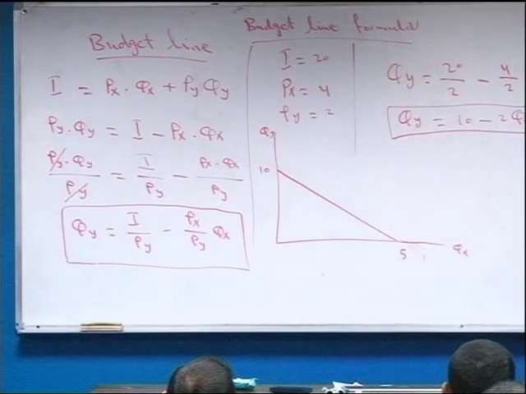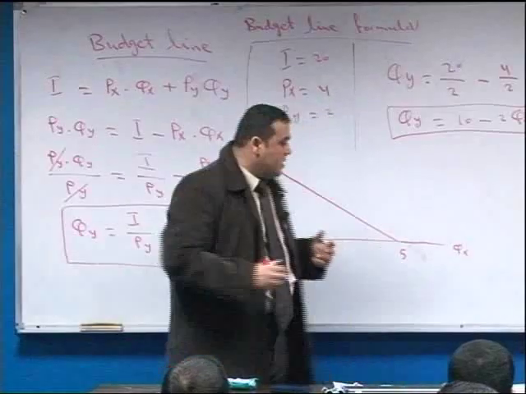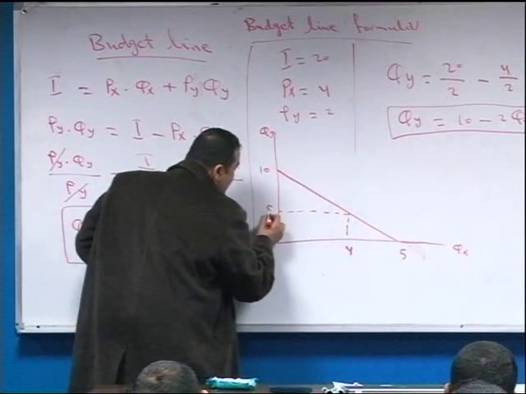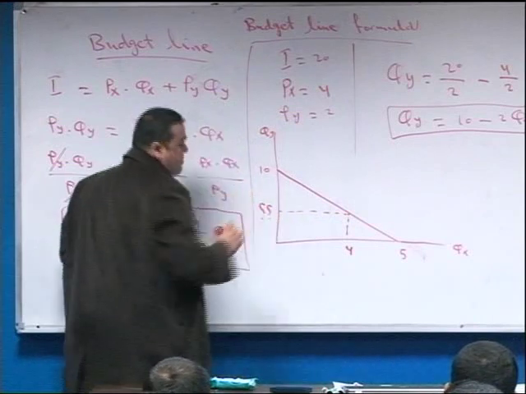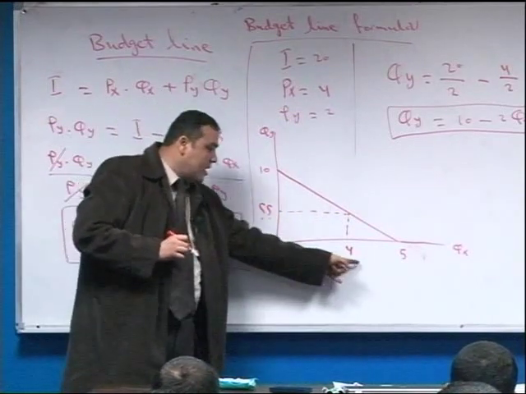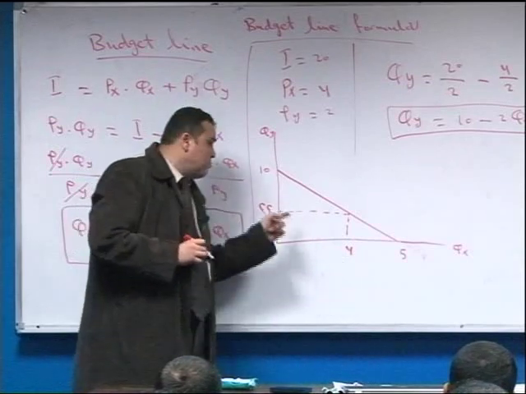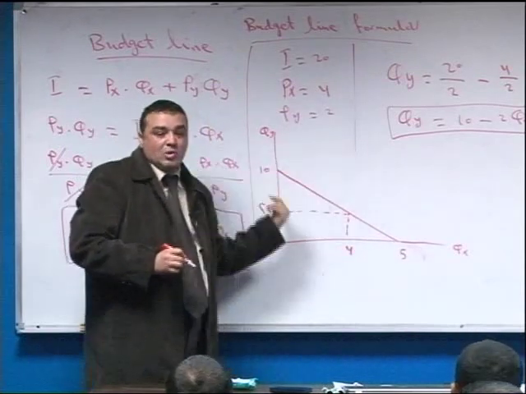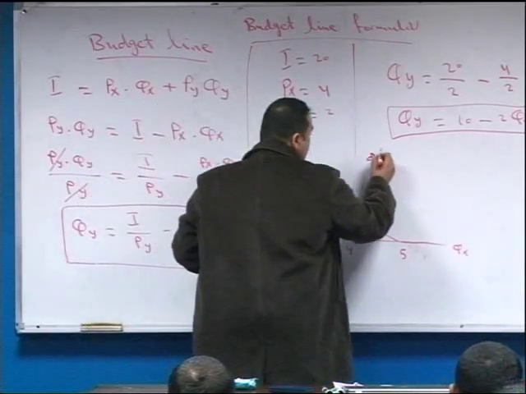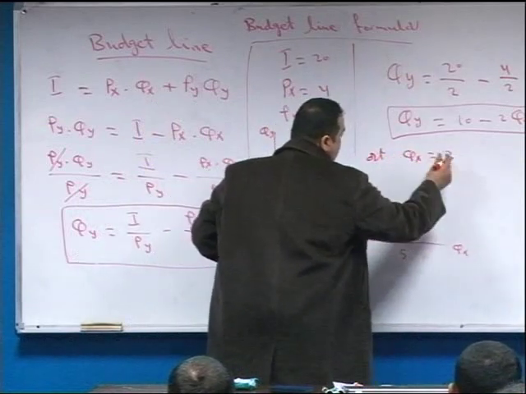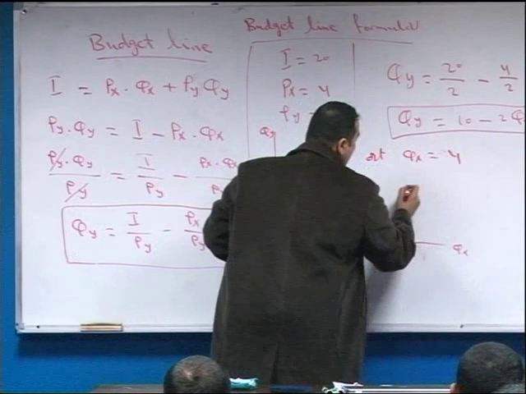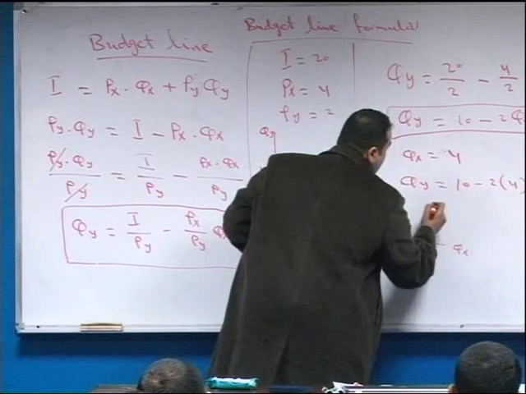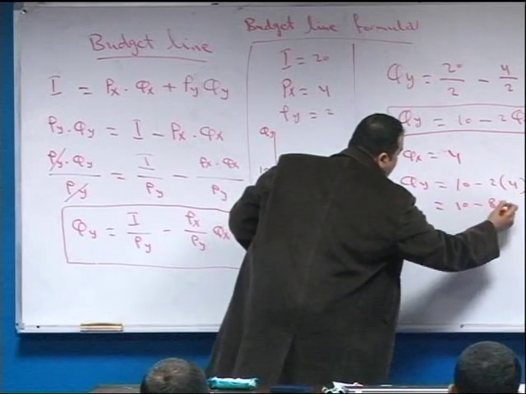Right? So suppose that X was equal to 4. How much is QY? Suppose that the quantity demanded of X was 4. We are going to use the following formula to calculate the quantity of Y. So at QX equals 4, QY equals 10 minus 2 times 4, equals 10 minus 8, equals 2.